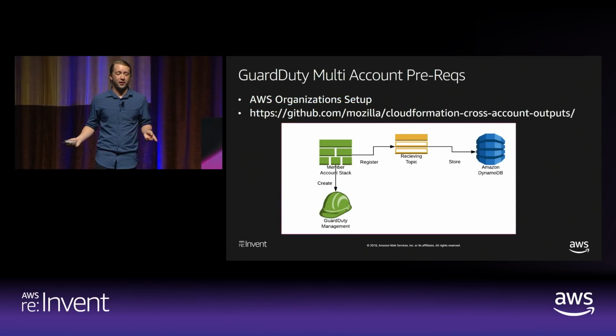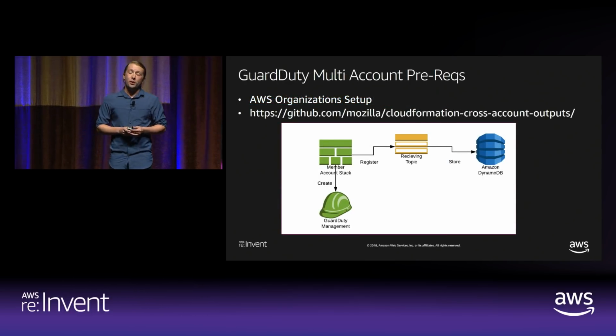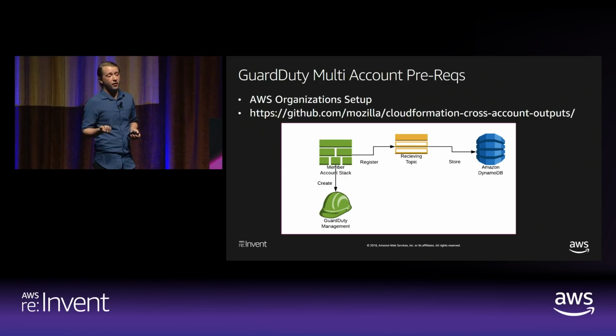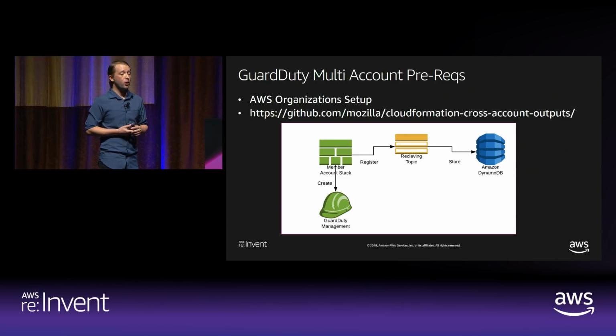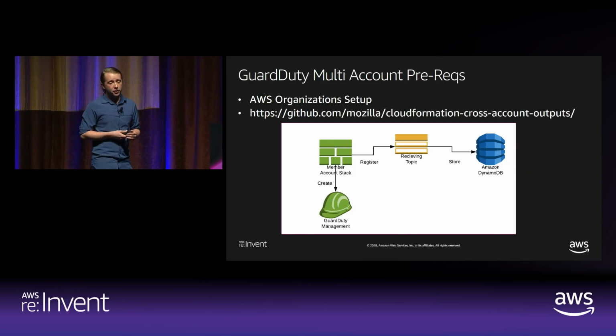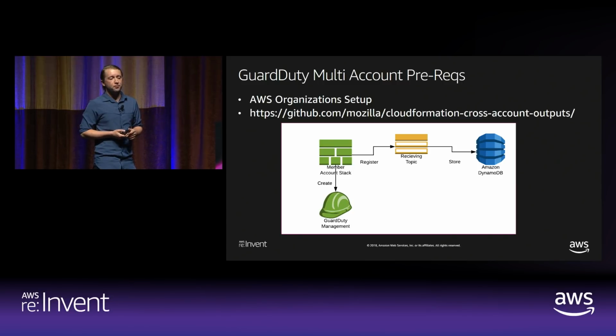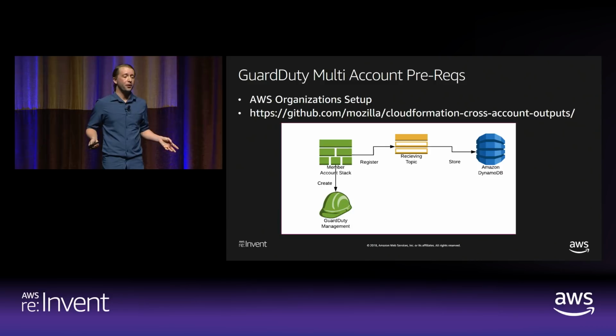So what are the prerequisites to do this? We use AWS Organizations to manage consolidated billing for all of our accounts and know who the account contact is. And we have another component here as well that is a dependency that we had to create for this called CloudFormation cross-account outputs.